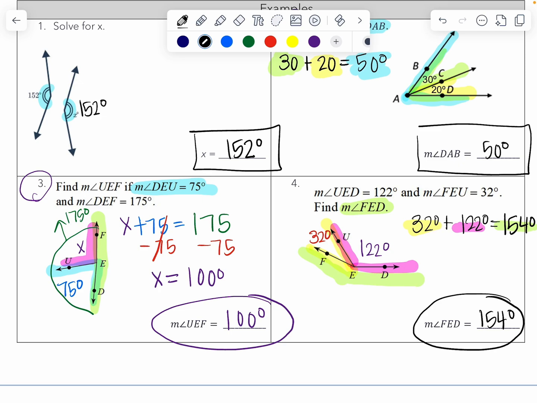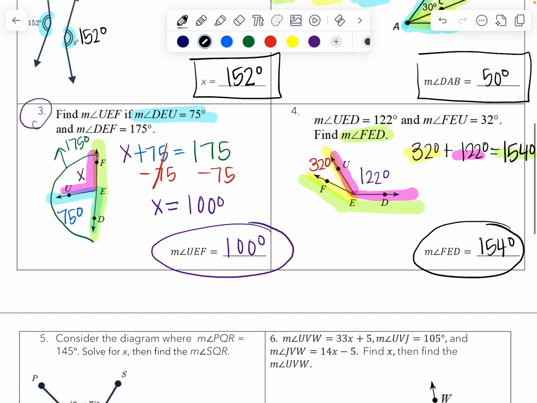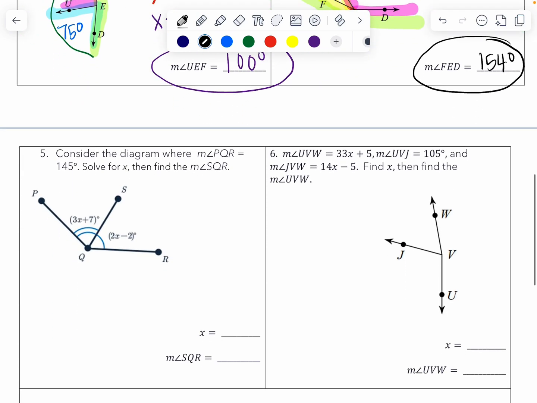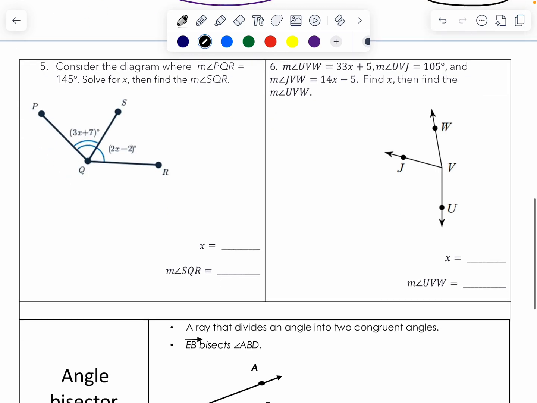We want to move up to the next level, which would be including algebra in these kinds of equations. So just like we did with segment addition, we're going to do part plus part is equal to the whole, or little angle plus little angle is equal to the big. The nice thing is they've given us our two little angles. One of them is 2x minus 2.